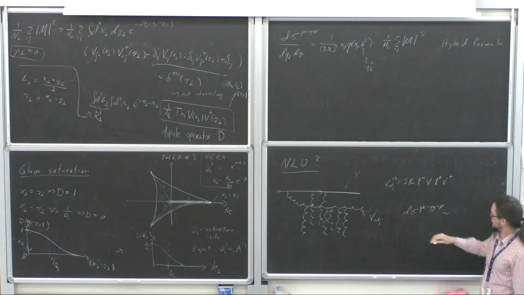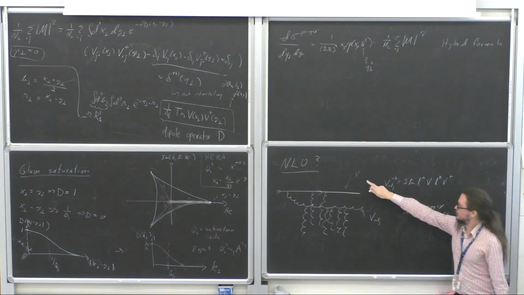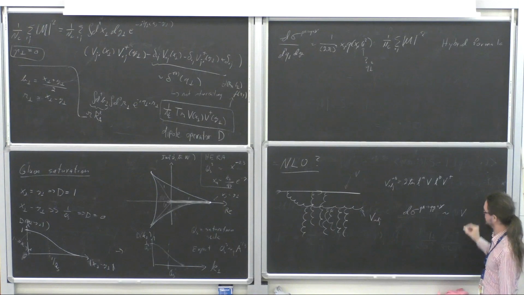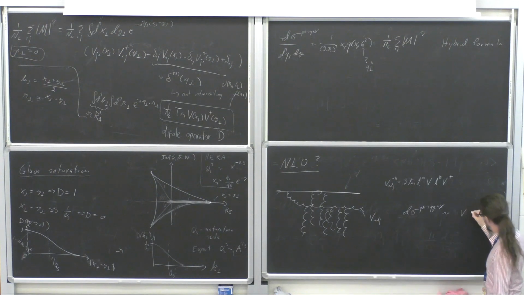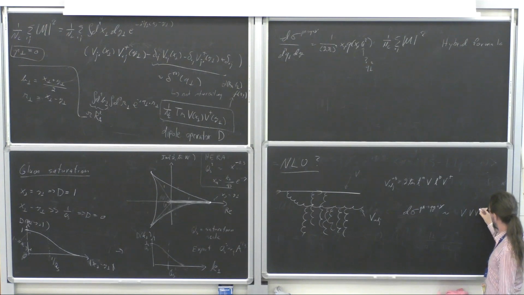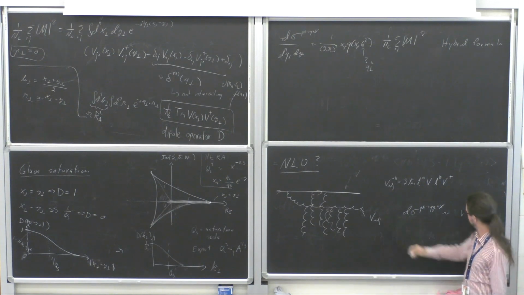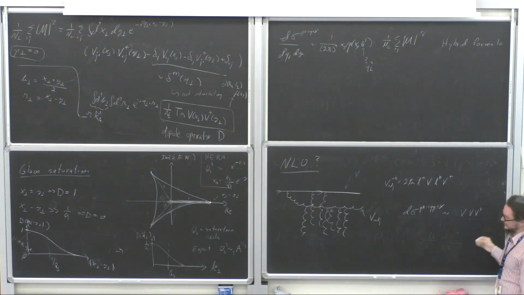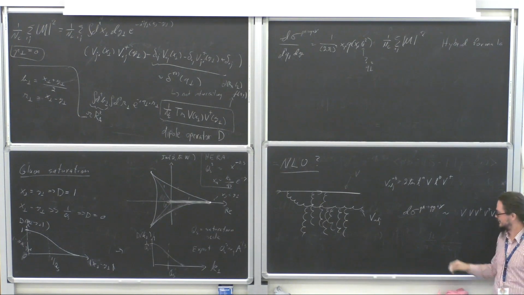In the amplitude, I will have a Wilson line from the quark. I will have a Wilson line and a conjugate Wilson line from the gluon. And then from the conjugate amplitude, I will have the daggers of these. So I will have V dagger, V dagger, V. And then some color indices that I'm not writing, and then a lot of other stuff.